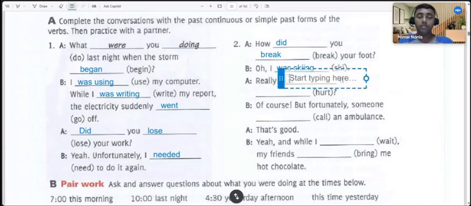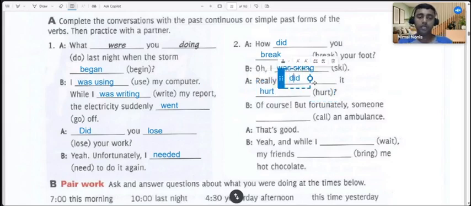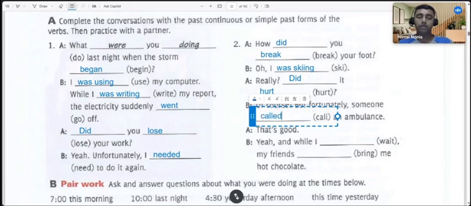We can ask, did it hurt? Yeah. Did it hurt? Really? Sorry, here it has been capital. Did it hurt? Of course, but fortunately, someone called an ambulance.